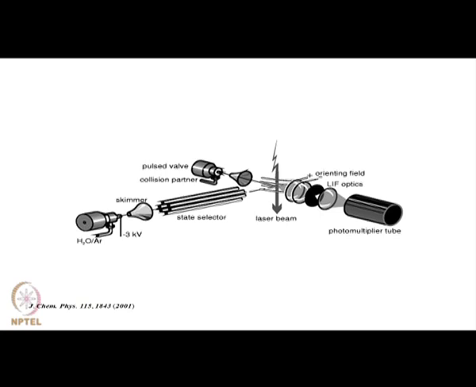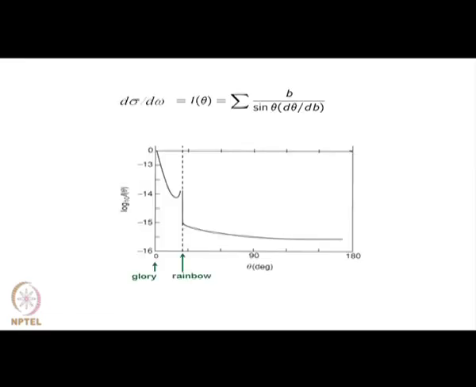So basically it is a typical apparatus by which you can study. It is a schematic taken from the Journal of Chemical Physics. It is an example of how to study, using of course laser induced fluorescence as the detection technique.